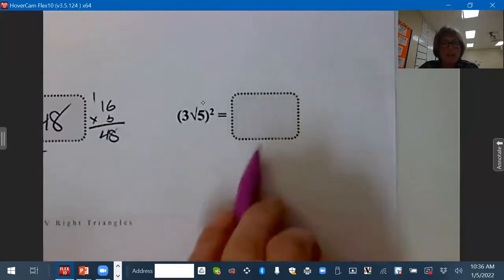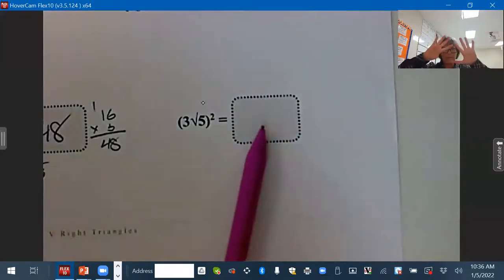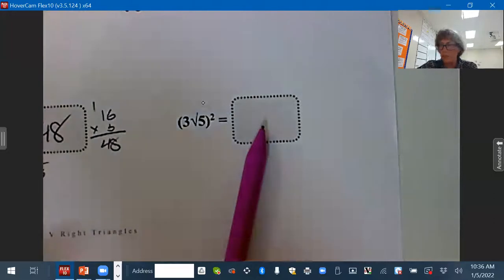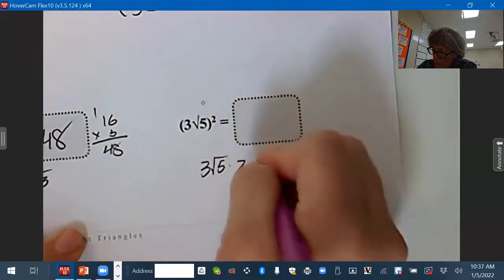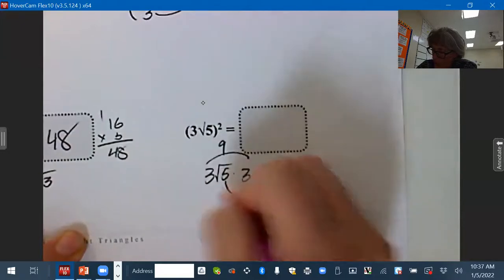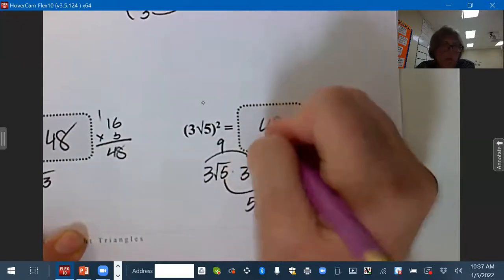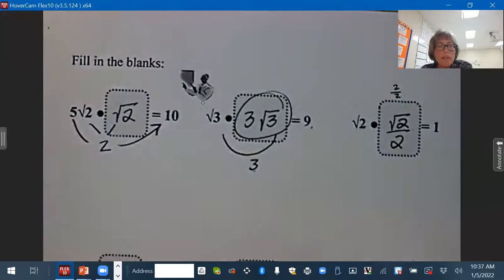You've got 10 seconds to do that one on your own. Boom, let's check it out. 3 root 5, 3 root 5, outies, 9, innies, 5, 45. You got all that page correct? You have everything you need to be successful today.